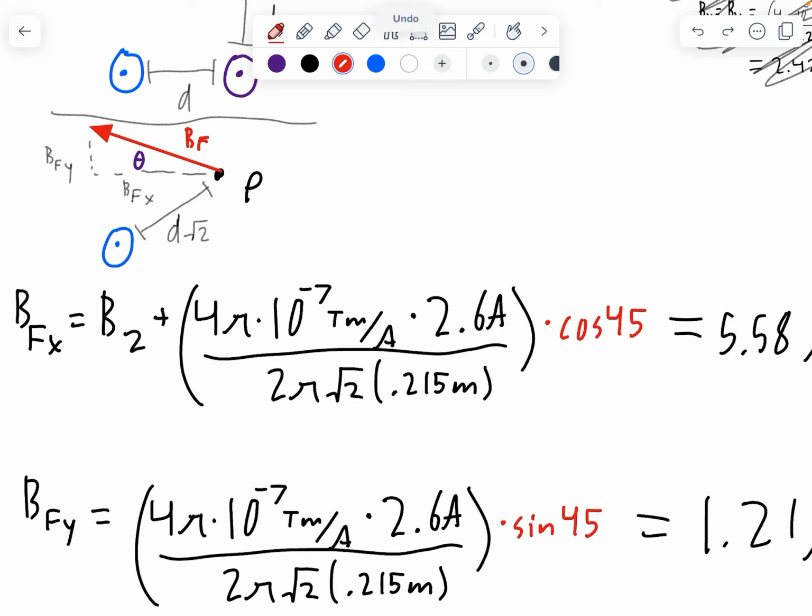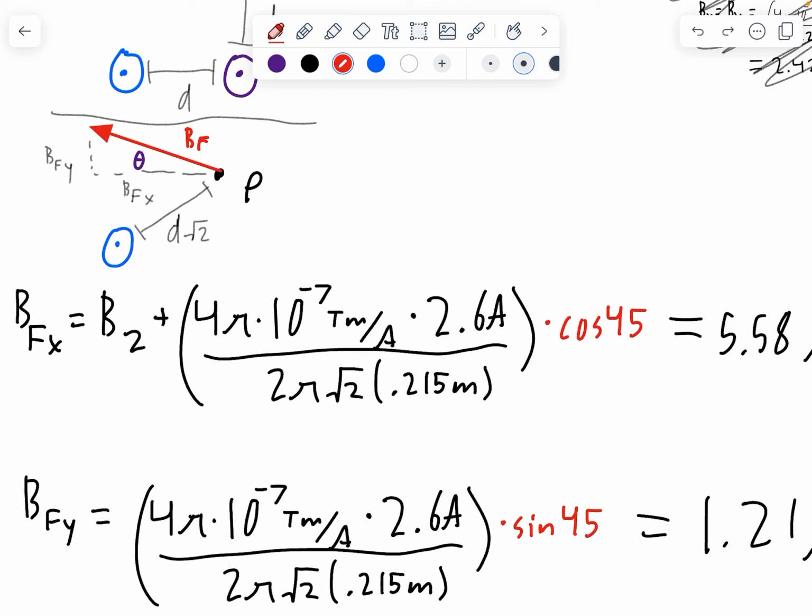We plug in our known current, we plug in our distance away, and then we multiply by cosine 45, because that gives us the X component of wire one's magnetic field.